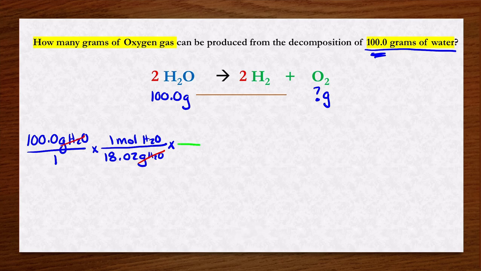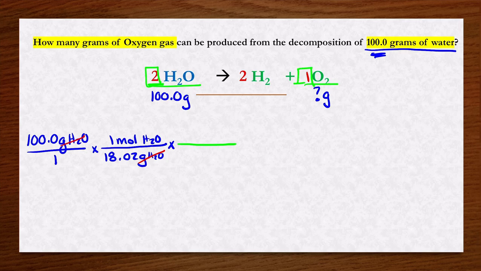All right, so now I can set up my mole ratio, and remember the ratio between water and oxygen here is 2 to 1. And so remember that when we write our mole ratios, those numbers come from these coefficients in this balanced chemical equation.